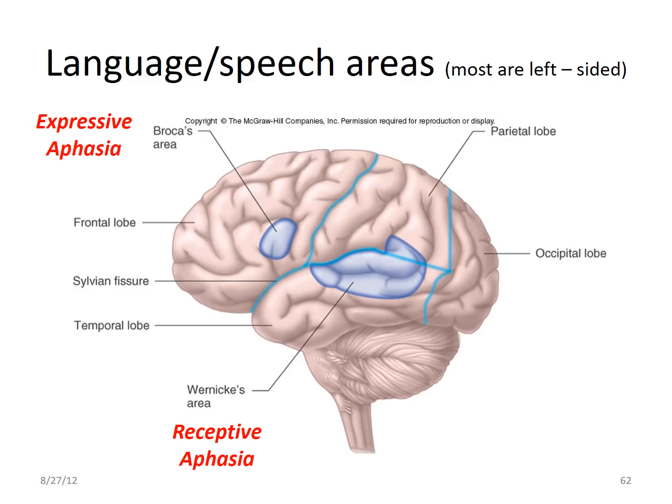If I say something to you and you can't understand it, that would be a receptive aphasia. If I say something to you and you understand it, but you can't verbalize back to me, that would be an expressive aphasia. So Broca's in the frontal and Wernicke's in the temporal lobes.